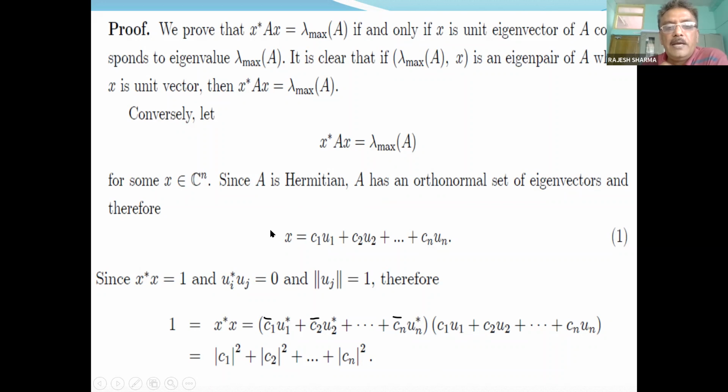So we can write X as C1 U1 plus C2 U2 plus Cn Un. We are taking U1, U2, Un to be orthonormal eigenvectors in Cn. So any vector X can be written in this form because this is a basis. Also note that x star x is 1.